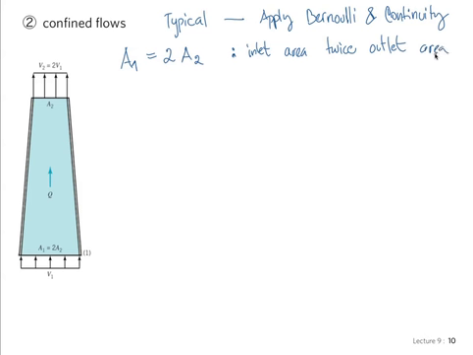Because of conservation of mass, then of course we must have, so consider steady flow. So there's a fixed rate of volume flow into and out of this piece of pipe.